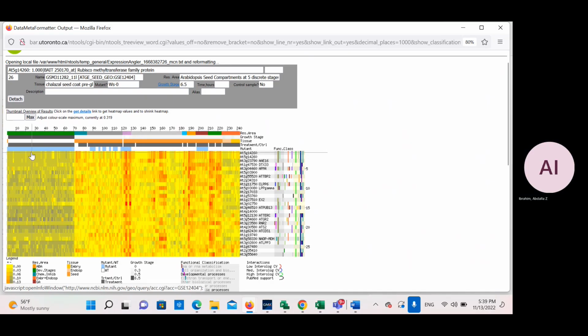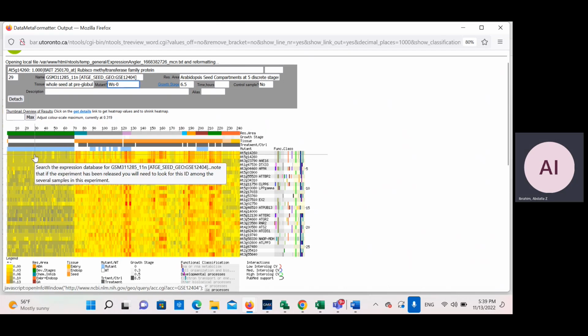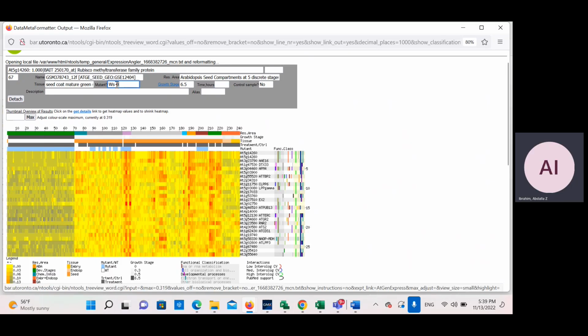So this is the mutant that's called WS. It says here WS. This is one type of mutant. So you can ask the question, why is my gene downregulated in that specific mutant?